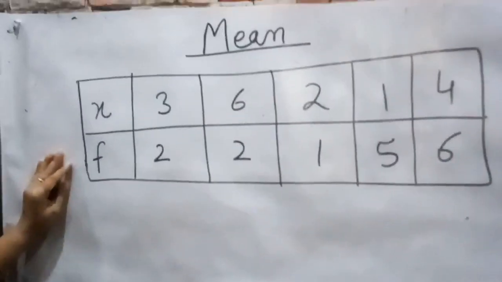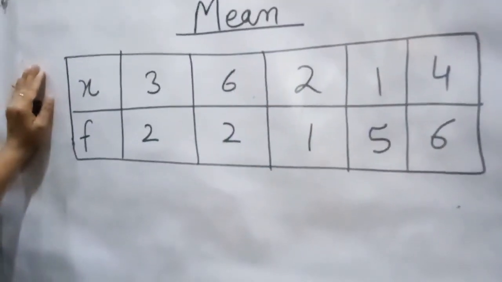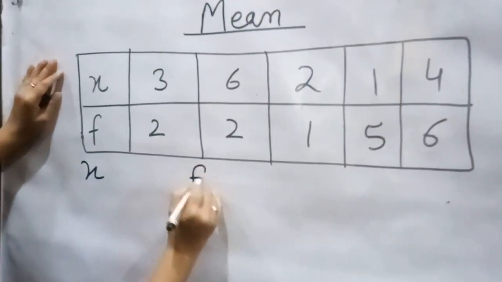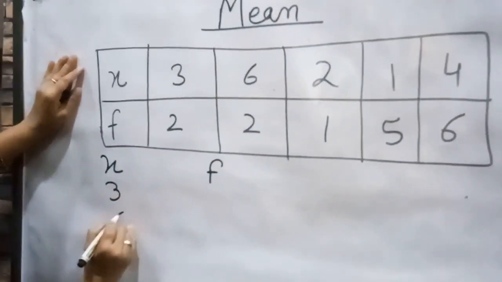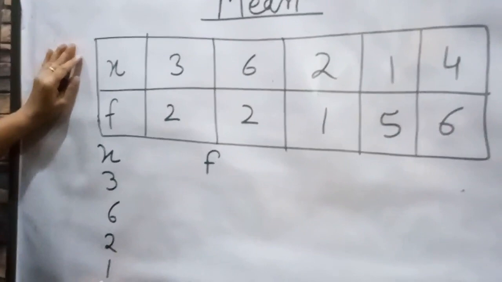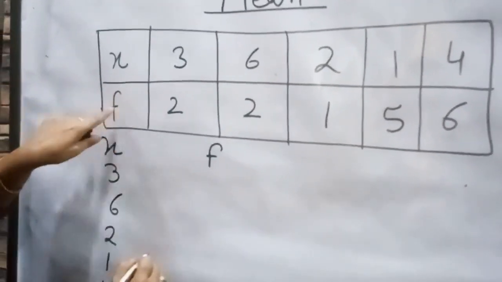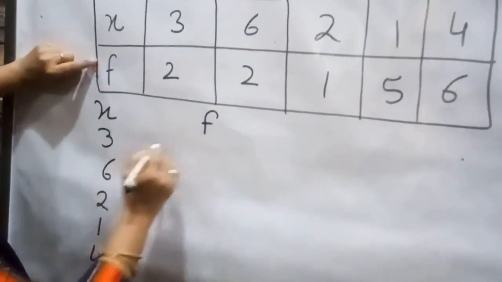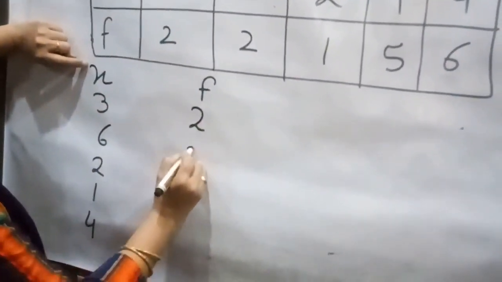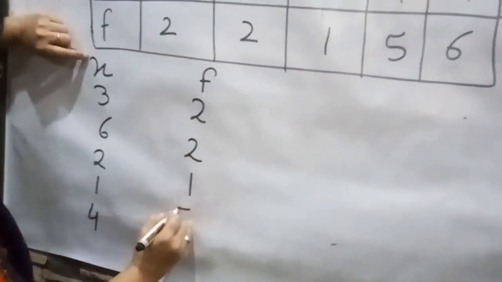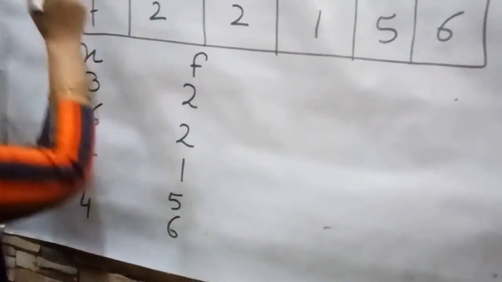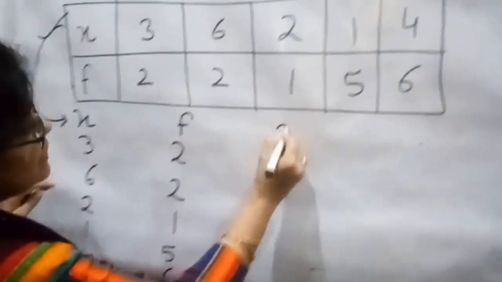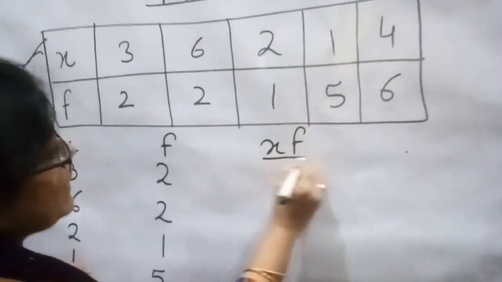In this case, we write this question in tabular form, x here and f here. 3, 6, 2, 1, 4. And this is the frequency, how many times this number is repeated. Then 2, 2, 1, 5 and 6. Now just find xf.